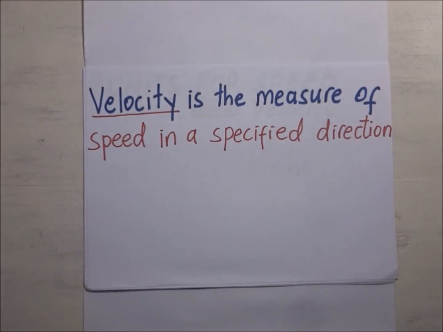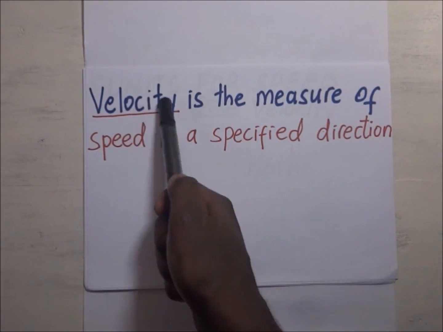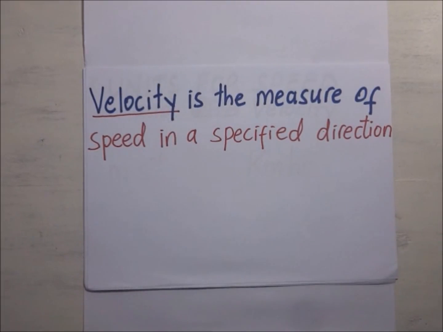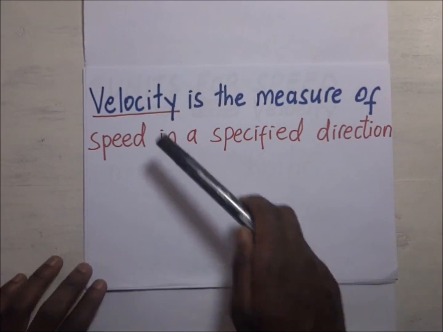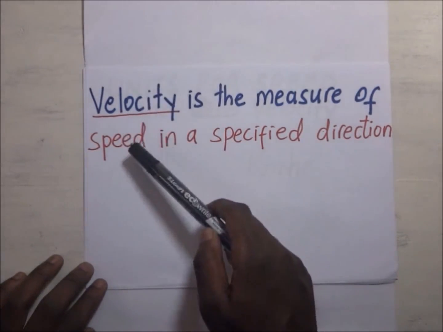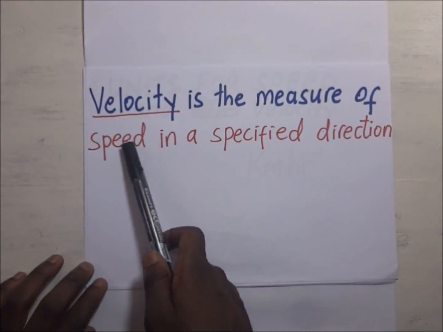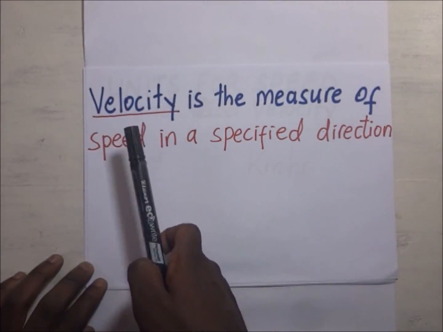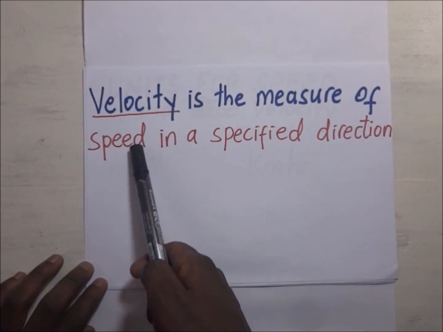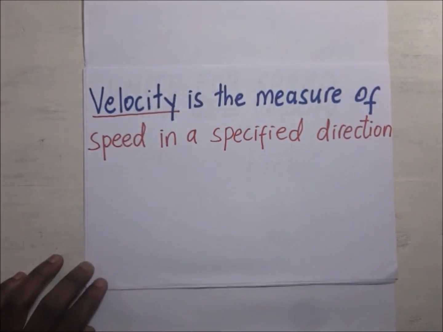And then vector quantities are physical quantities which have both magnitude and direction. And here we are talking about things like velocity, acceleration, displacement, and so forth. So speed and velocity have the same units, only that one is a scalar quantity, the other is a vector quantity. So when we are talking about speed and velocity, the units will always be the same.